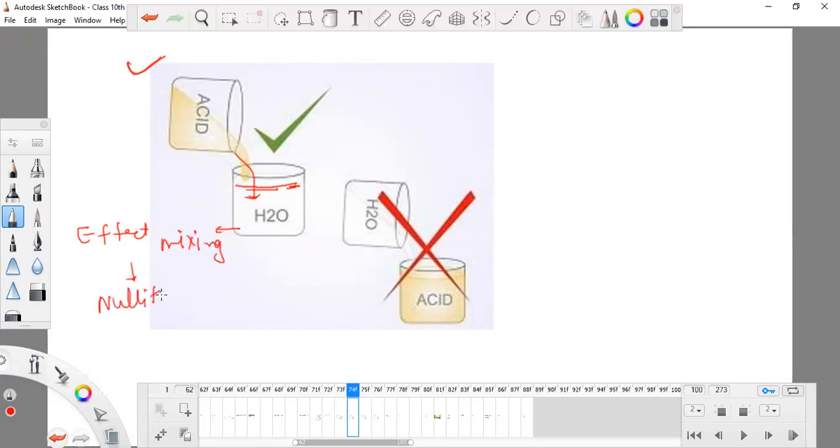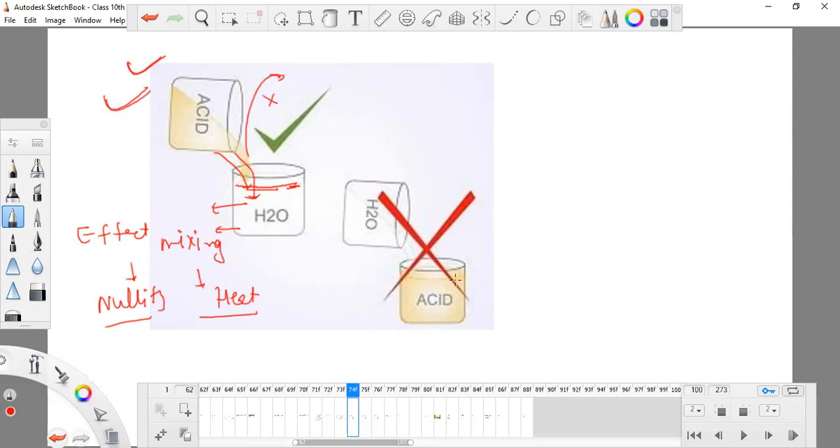What is the meaning of nullify? If you use a jar full of water, and you add a little amount of acid, pouring very slowly, it will nullify the effect of mixing, that is heat, and there will be no negative reaction. Nothing will splash out. So this is the correct form.